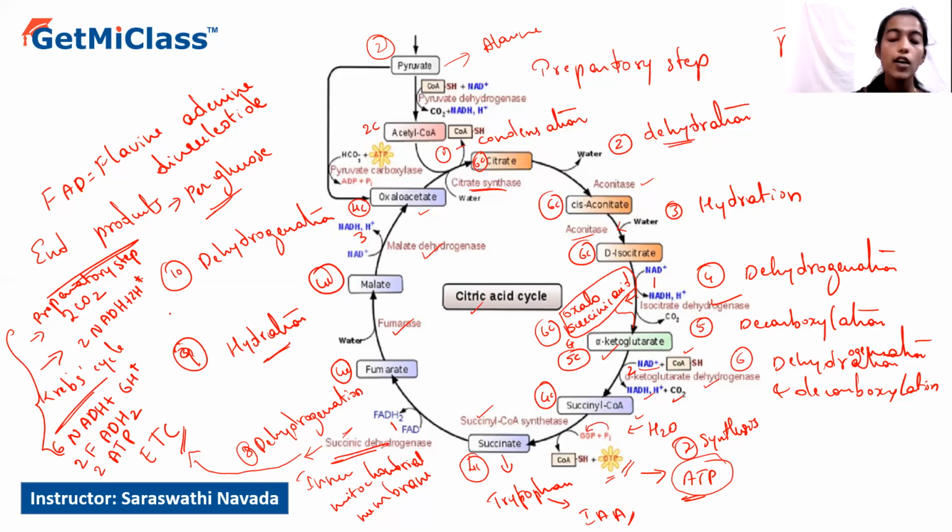So as per the equation of respiration, it releases 6 molecules of carbon dioxide. So in the preparatory step, we get 2 molecules of carbon dioxide, and 4 molecules of carbon dioxide will be released in the Krebs cycle.